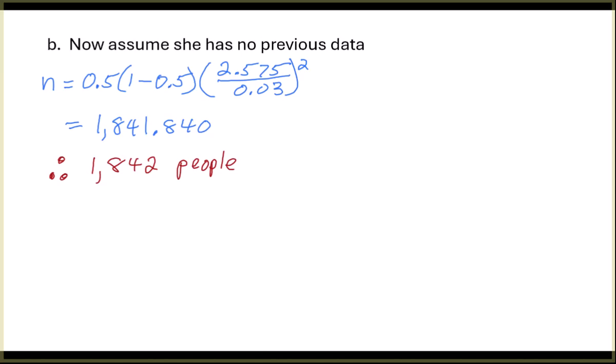If you use 0.5, you're always going to get the biggest sample. Well, what's wrong with that? Ma'am? Maybe I don't need that big a sample. That's one reason. What if it cost me $100 each person I interview?